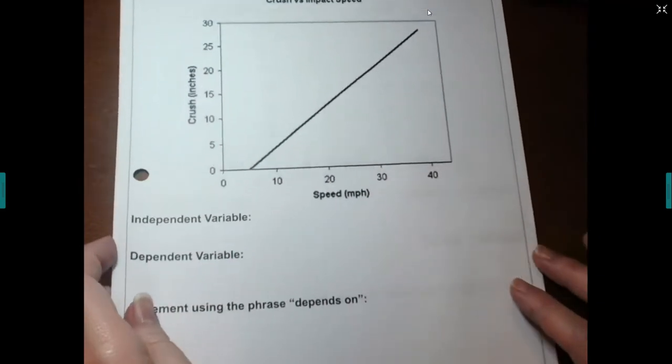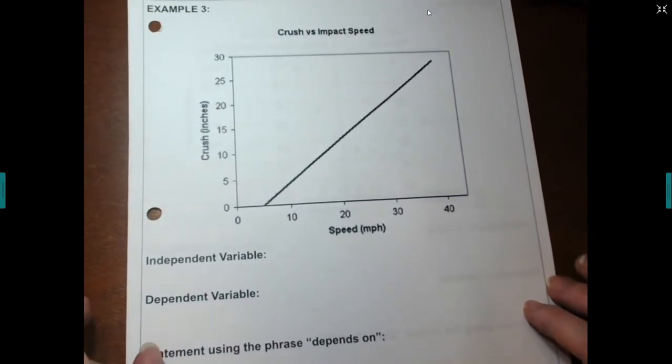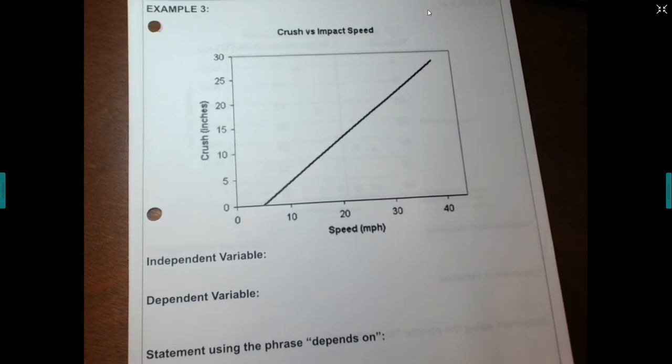Example 3. Oh boy, now we've got a graph. This is crush versus impact speed. I'm going to give you a little information here.